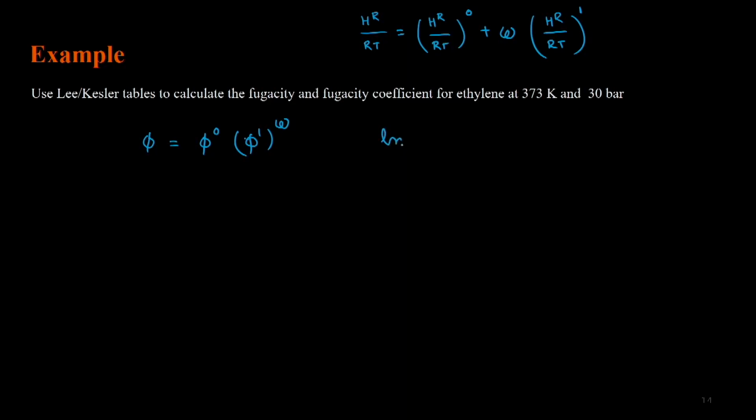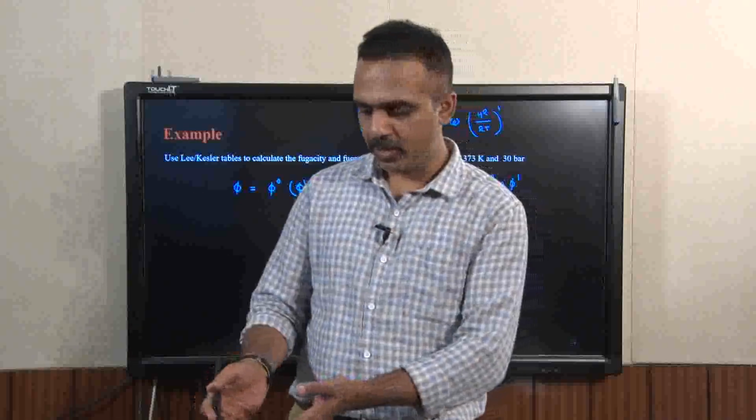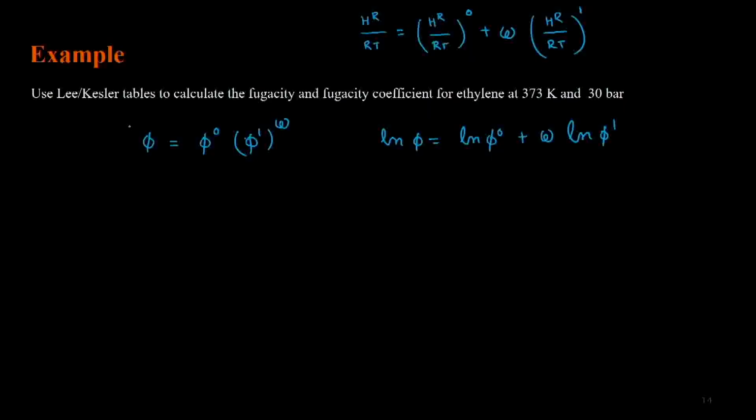Actually, what it is, ln phi is going to be ln phi naught plus omega times ln phi 1. Ln phi, of course, is the residual Gibbs free energy GR by RT. So we combine them with omega, and then if you get rid of the logarithms, what we end up with is a relation like this. So this is how we're going to use Lee-Kessler tables for calculation of fugacity coefficients.